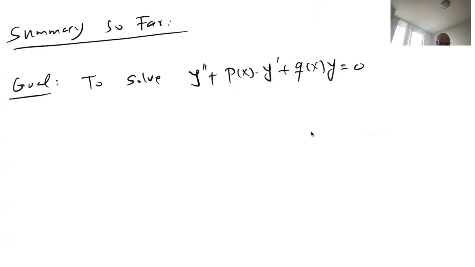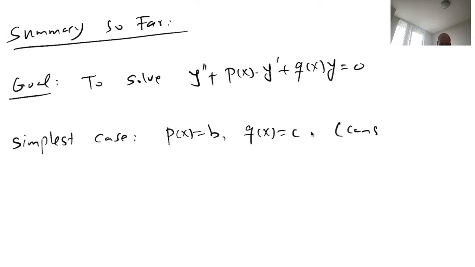So simplest case, p of x equals b and q of x equals c, constant functions. And so we will have y double prime plus b y prime plus c y equals 0.